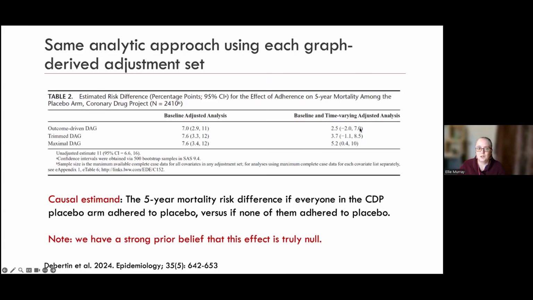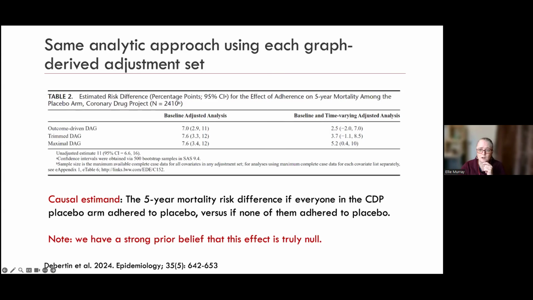But when we just adjust for baseline covariates, it doesn't super matter which variables we choose. On the other hand, when we adjust for both baseline and time-varying adherence covariates, so these are mostly the time-varying values of the baseline covariates where they exist, and we use IPW, what we see is that it did matter quite a lot.